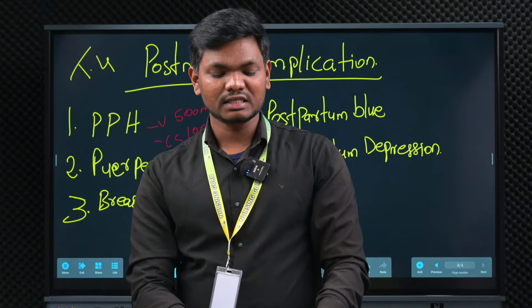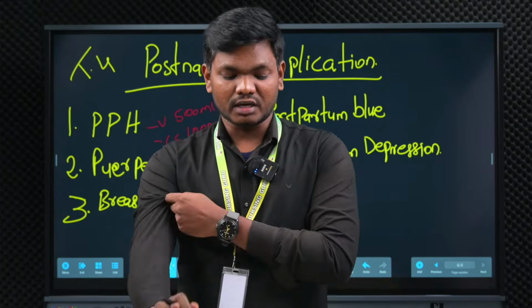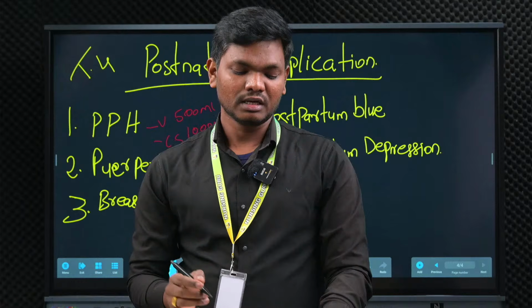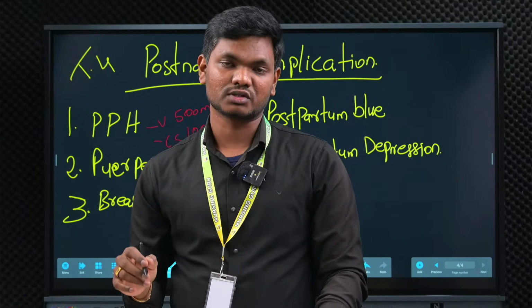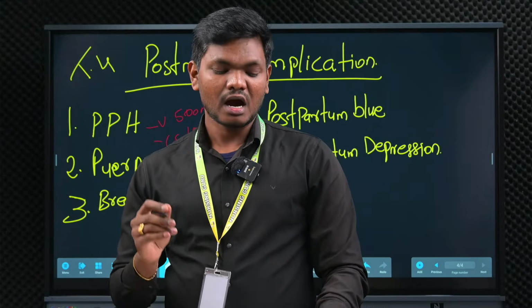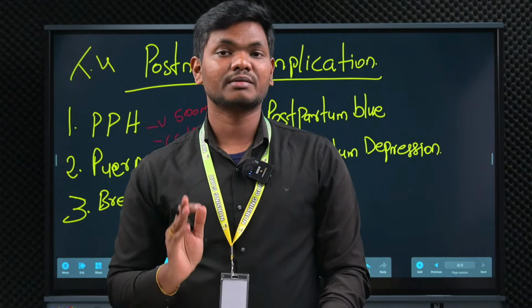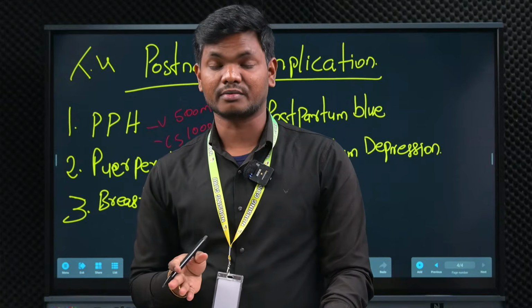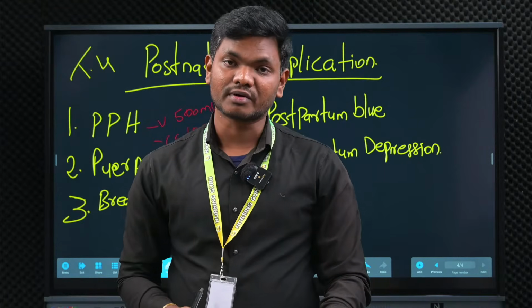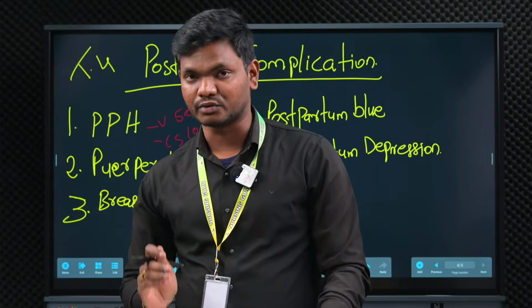If surgical management is needed, you can perform a balloon tamponade or a B-Lynch suture. A B-Lynch suture means the suture can be done in the uterine area, or a hysterectomy can be performed if there is a complete rupture of the uterus, that is, removal of the uterus.